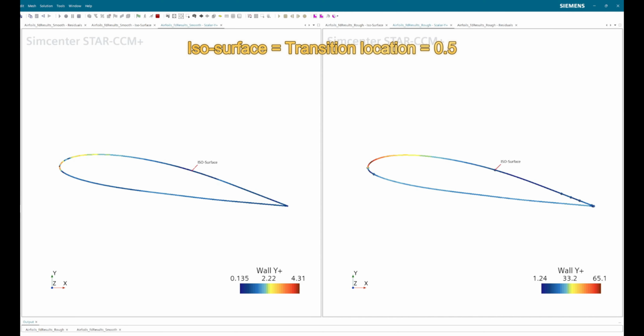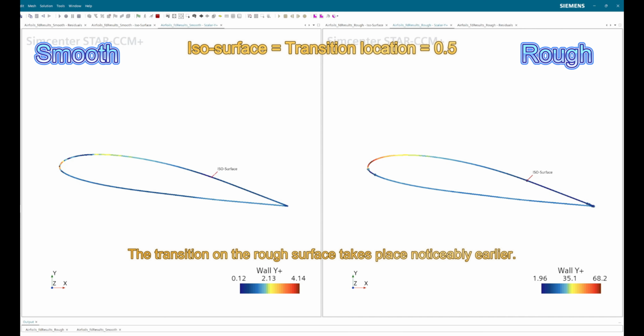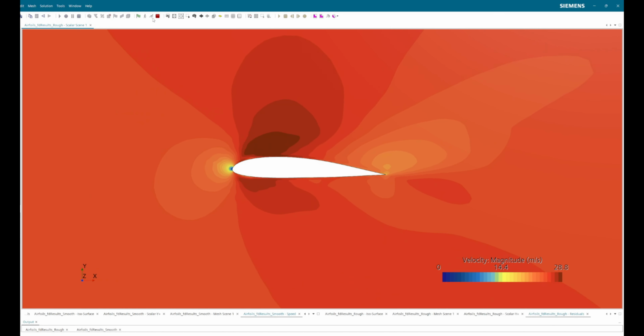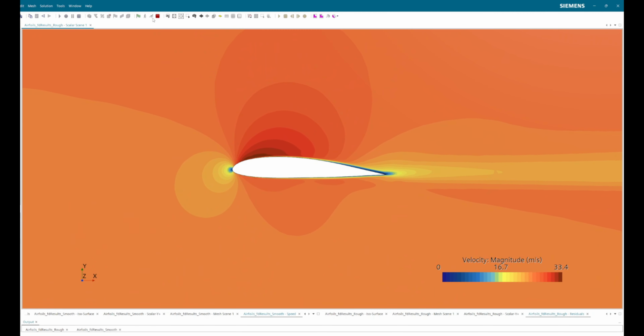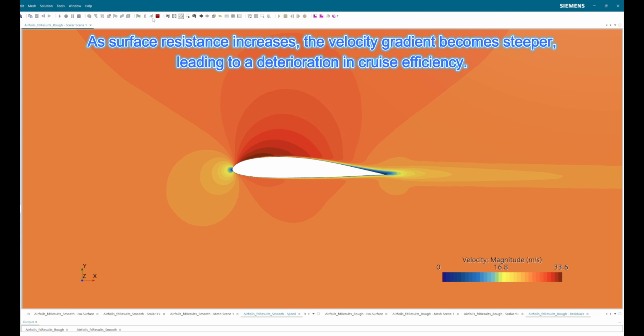It can be seen that for the same airfoil under the same speed and angle of attack, the transition point on the rough surface appears significantly earlier. So, is an earlier transition point a bad thing? At low angles of attack, such as during cruise, the laminar region becomes smaller while the turbulent region increases.